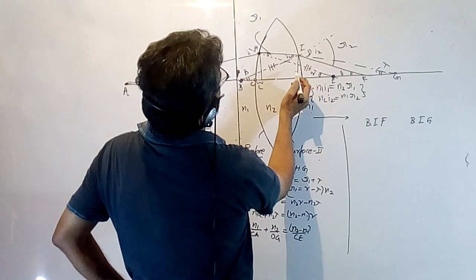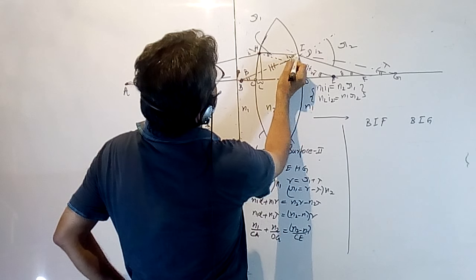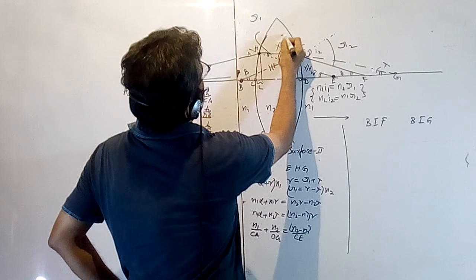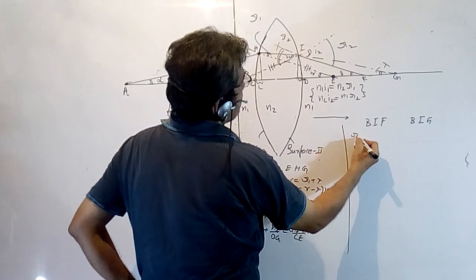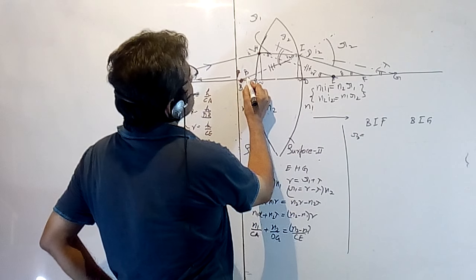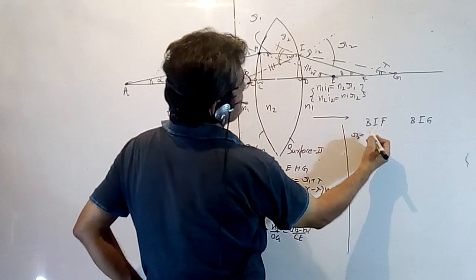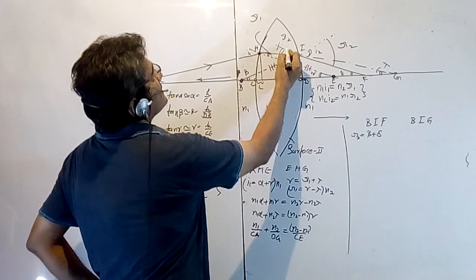If I extend it like this, this whole angle is R2. So for this triangle, I write R2 is equal to beta plus lambda. Beta plus delta, this was R2.